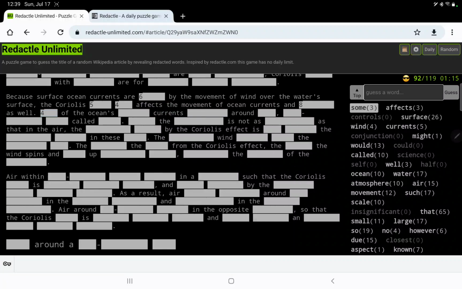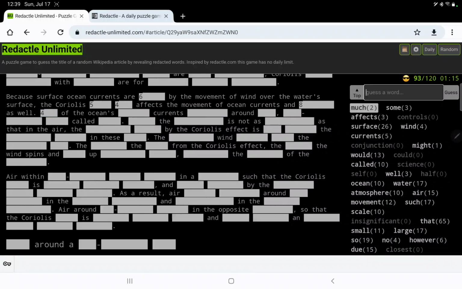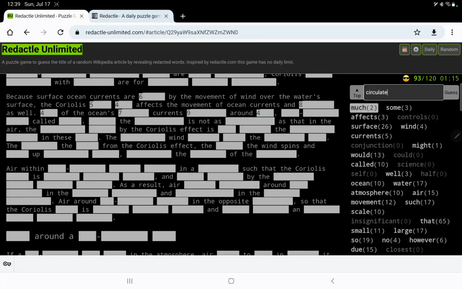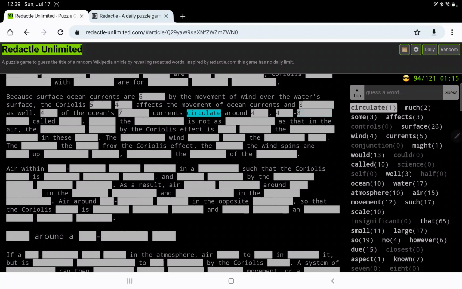Some of the oceans, much of the oceans, something currents circulate around 4. Around, I'm guessing that's a comma separating adjectives.